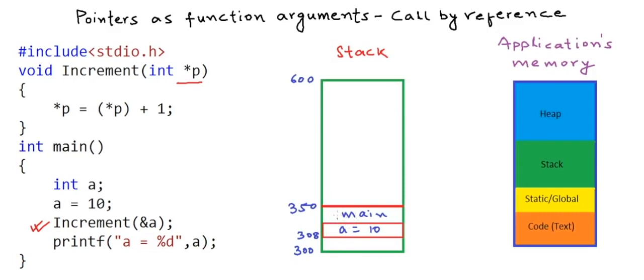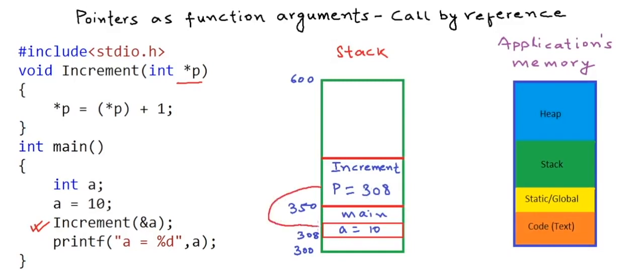Now when main calls increment, a local variable corresponding to the parameter p is created, and this is a pointer to integer, and the value that gets copied or stored in this variable would be 308, the address of a.